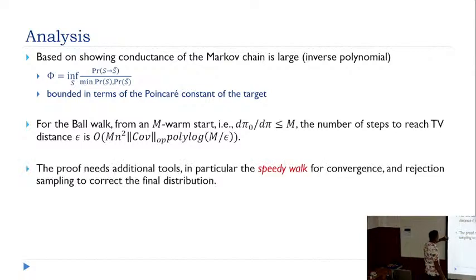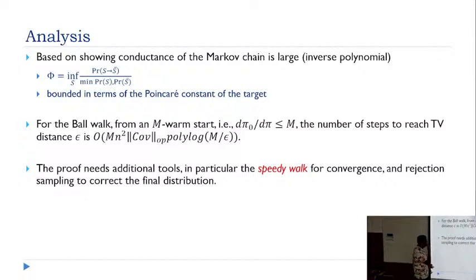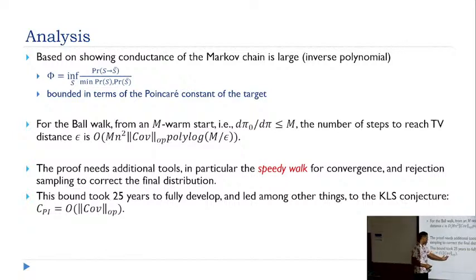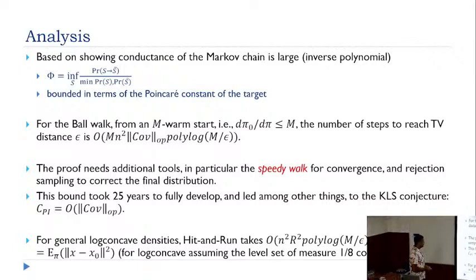Now this proof requires additional tools, and in particular, the notion of what's called the speedy walk introduced by Kannan, Lovász, and Simonovits, just for analysis, and I'll mention a little bit more about it, and rejection sampling to correct this distribution. So this bound, getting to this took 25 years, as I said, and among other things, they made the KLS conjecture, which says that this Poincaré constant of the distribution for any log-concave distribution is in fact bounded by the operator norm of the covariance matrix up to a constant.